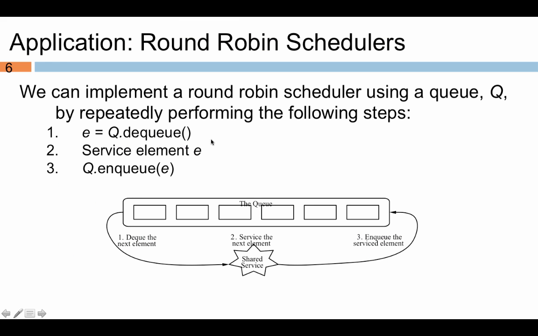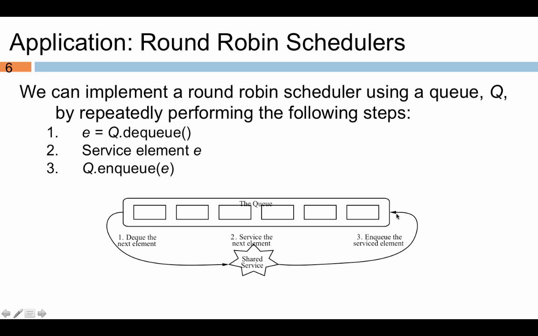Where are priority queues used? The priority queues are used in what are called round-robin schedulers. Okay. In a round-robin scheduler, you dequeue the element. This element has the highest priority. And while that element is being serviced, the priority of the other elements keeps increasing over a period of time. And after a certain amount of time, if the service of the element has been completed, it goes out of the queue.